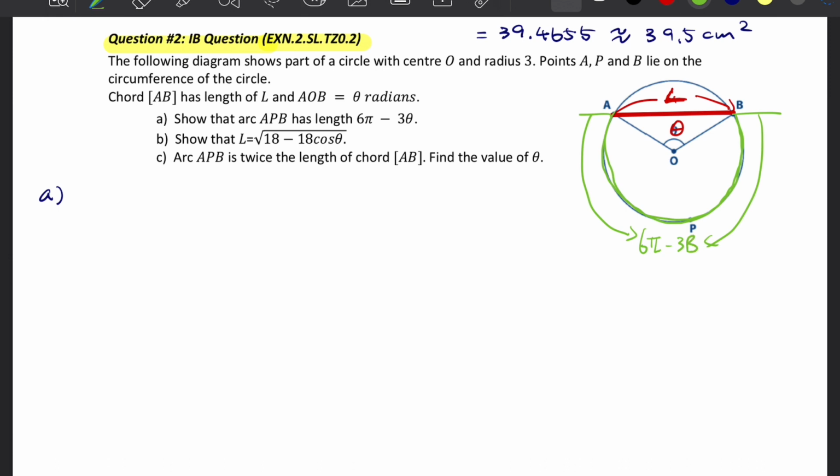Since we need to find the arc length, the arc length formula is angle times r. So we first need to know this angle here, right?